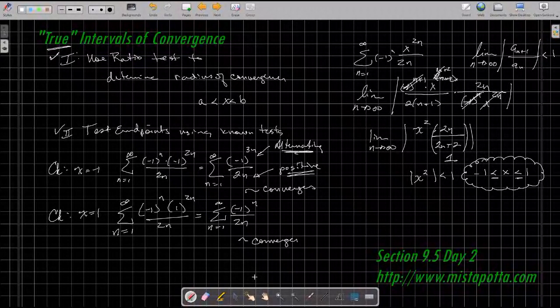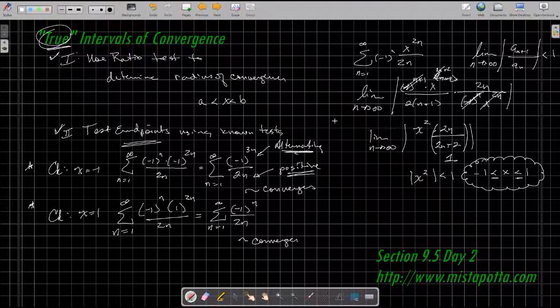So that gives me something to work with. To find this true interval of convergence, I not only need to find the regular interval of convergence, but I do have to check these endpoints. So I need to actually show my work of how I'm testing each of those endpoints. Sometimes they will work.